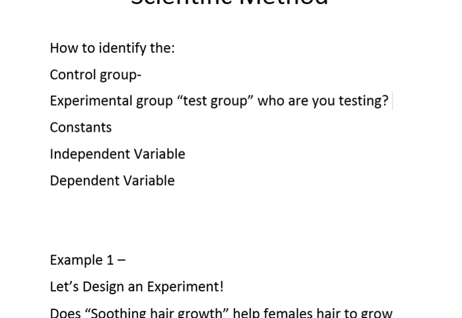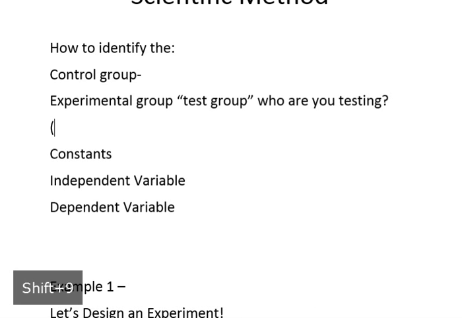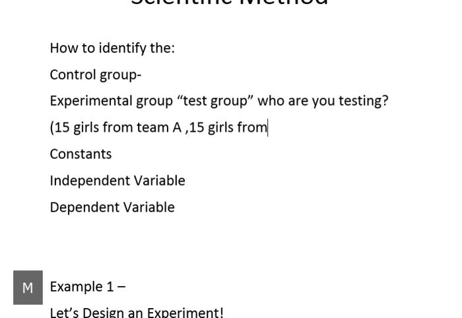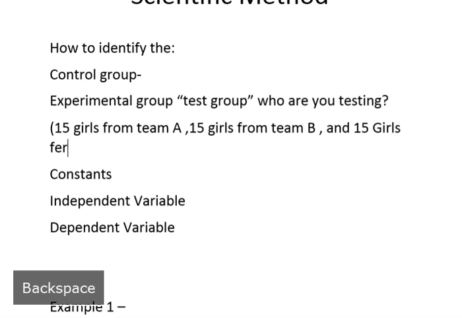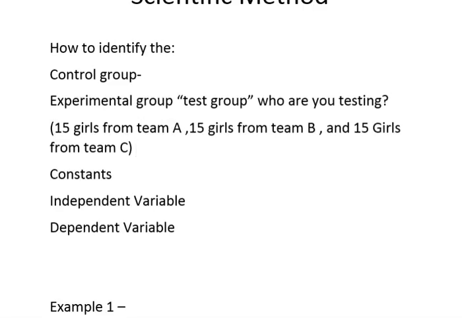Let's say 15 girls from, let's just call them teams, from team A, 15 girls from team B, and 15 girls from team C. Let's just say these are different teams in a school or something, and we're going to take 15 girls from each of these 3 teams here, and these will be our experimental groups.